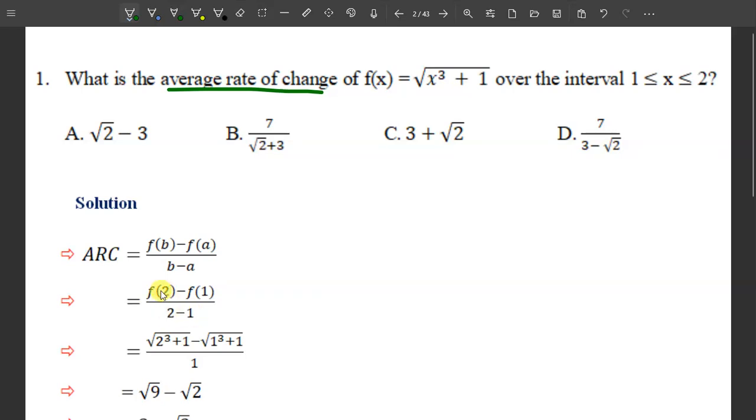But since our f of x is this expression, then f of 2 means the square root of 2 cubed plus 1, minus f of 1, which means the square root of 1 cubed plus 1, over 2 minus 1, which is 1.